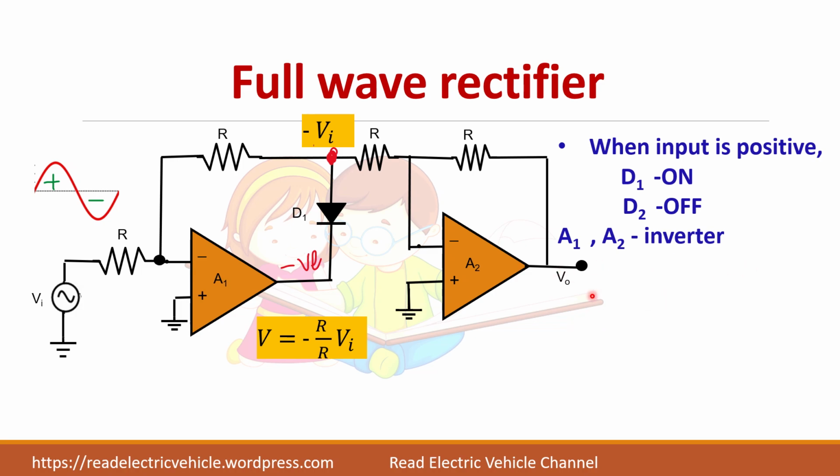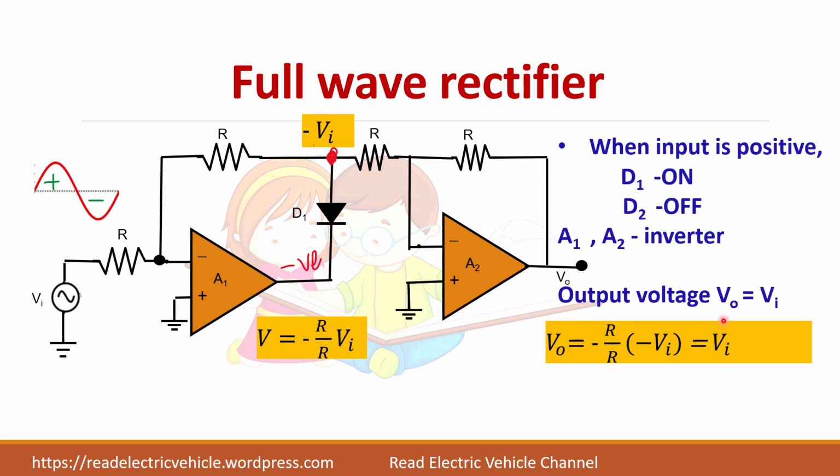The output voltage for this op amp is minus R by R into input voltage minus VI, so it becomes plus VI. So during the positive half cycle, the final output we get is the same as the input voltage VI.